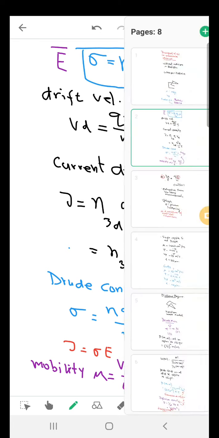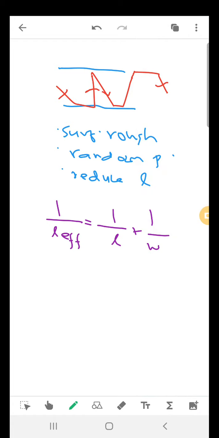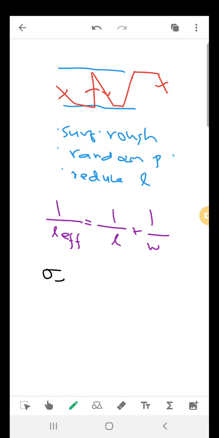So due to this consideration of the effective mean free path, we will have a new conductivity also. We call it sigma effective, and it will be just the original conductivity multiplied by the ratio of the width and the mean free path.